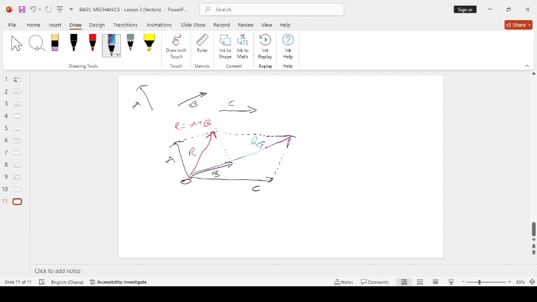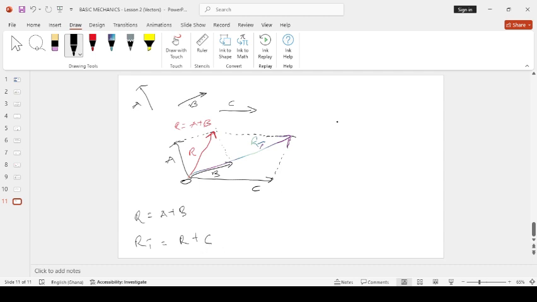So in summary, the resultant vector R is equal to A plus B, and then the total resultant RT is equal to R plus C.